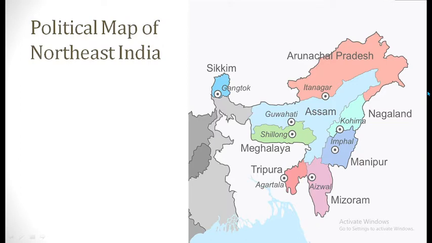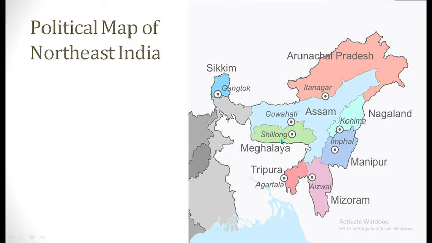Let's begin with a map. Here you can see the political map of Northeast India. This is Sikkim, the latest state to join Northeast India. Here we have Arunachal Pradesh in the northern part. In the eastern part we have Nagaland and Manipur, and in the southern part we have Mizoram and Tripura.